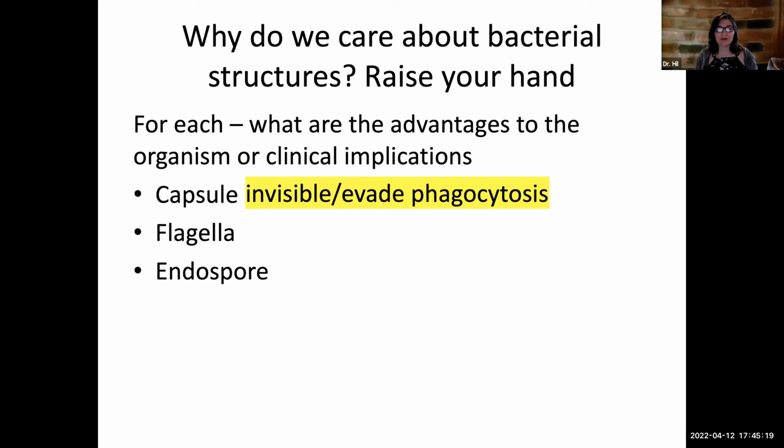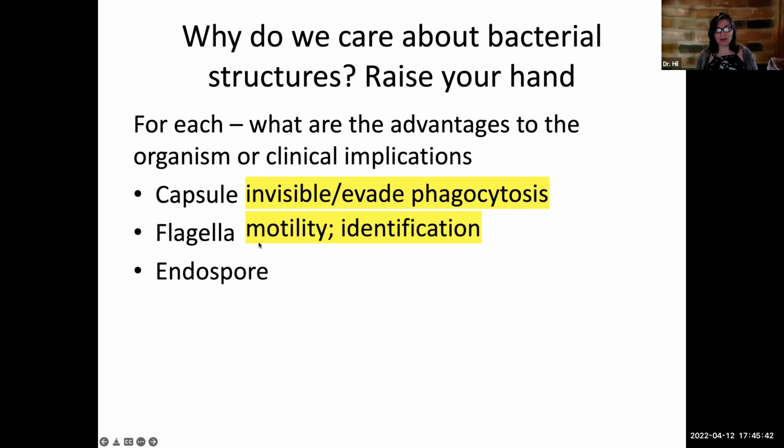And also the protein that makes up the flagella is antigenic. You have antibodies that can be specifically made against different types of flagella. And for that reason, it's possible to use that as a marker of who a particular microbe is. So they're important for motility and also identification.